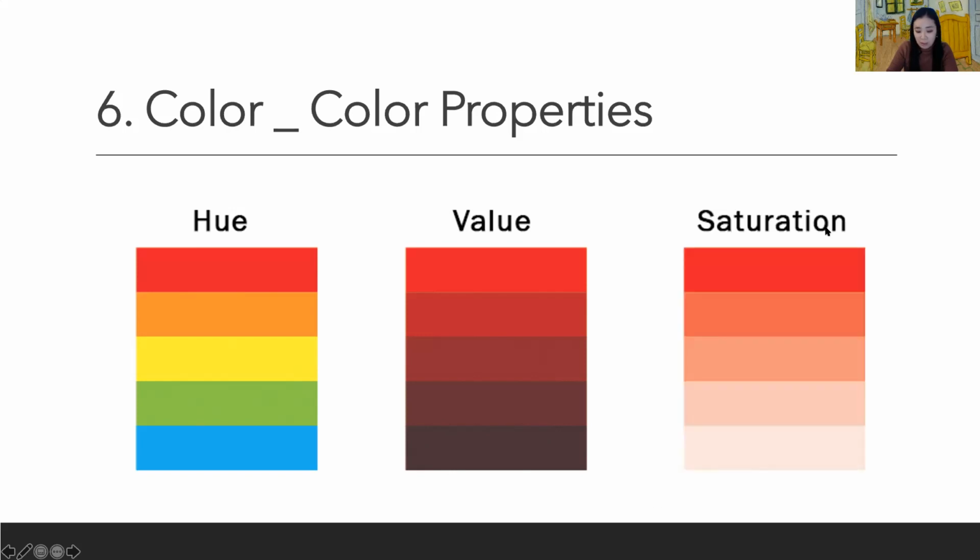And saturation, also called intensity. Saturation refers to the relative purity of a color. Colors may be pure and saturated as they appear on the color wheel, or they may be dulled and softened to some degree.